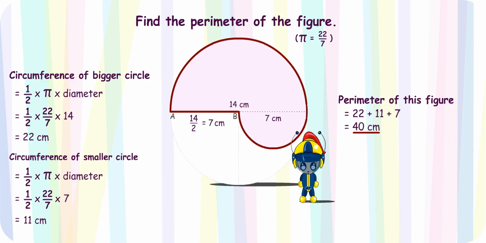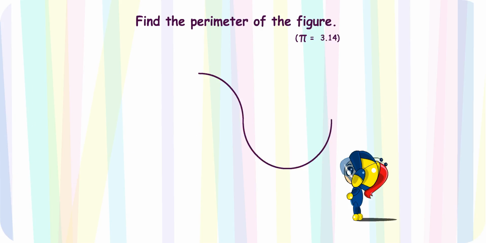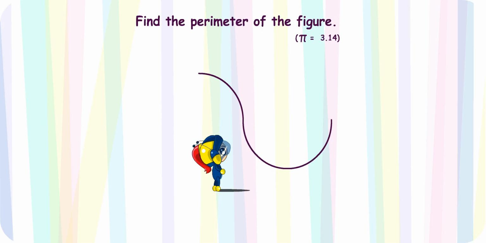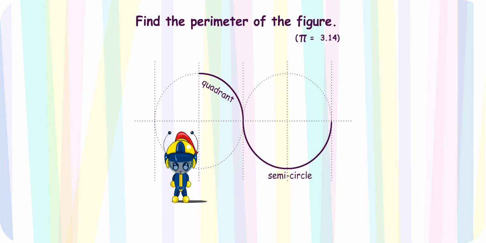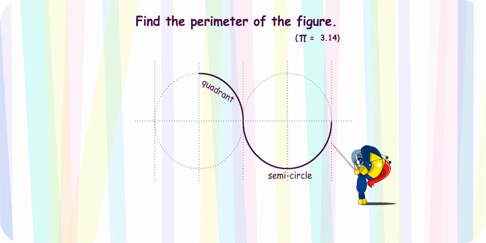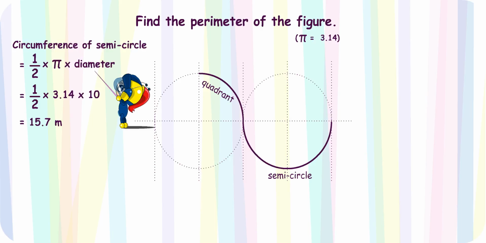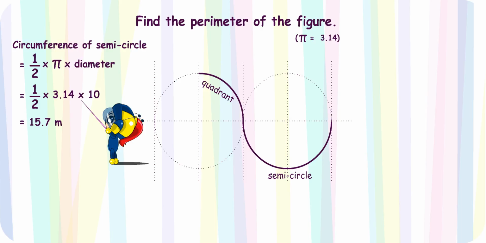Excellent work, Turbo. Let's take a look at a different sum. We have a piece of rope here. Can you find its length? The length of the rope is made up of the circumference of a semicircle and the circumference of a quadrant. The semicircle and the quadrant have the same diameter of 10 meters. I see. I think I can solve it now. The circumference of the semicircle is half times pi times diameter, which is half times 3.14 times 10 meters.